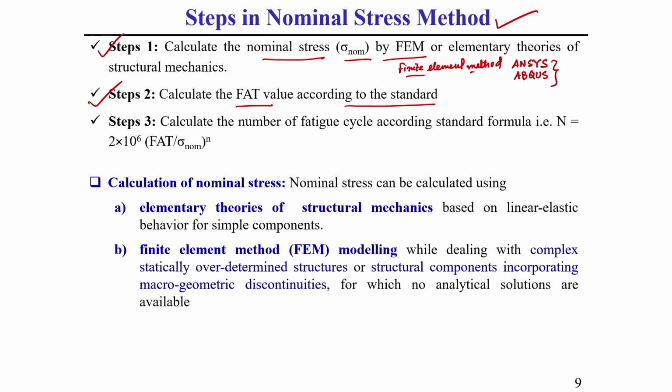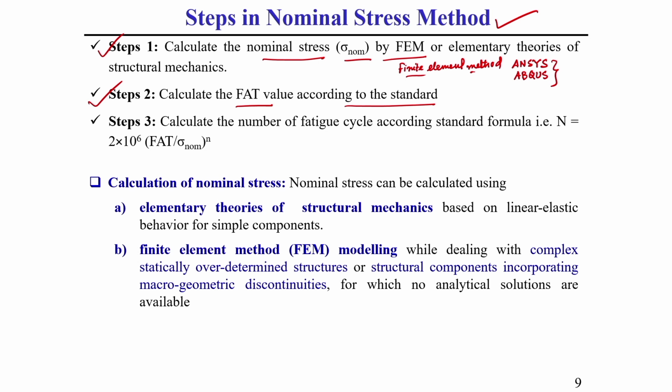From there, the stress value at 2 times 10 to the power 6 cycles is called the FAT or fatigue strength value. For different weld geometries there are different S-N curves. For a particular type of welding configuration, we get an S-N curve.